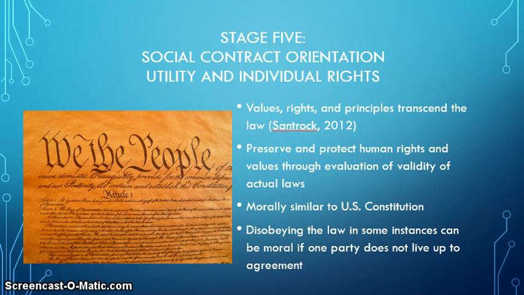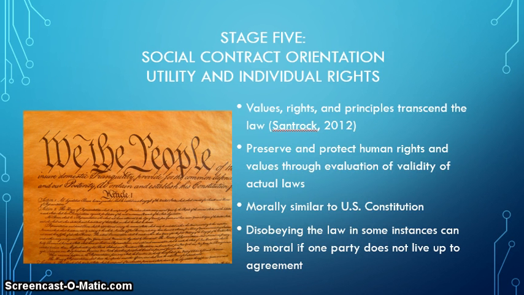Stage 5, social contract orientation, also called utility and individual rights. Values, rights, and principles transcend the law. They're above it. So that means that, as you can see on the bottom, if you disobey the law, in some instances it can be moral if one party does not live up to the agreement.